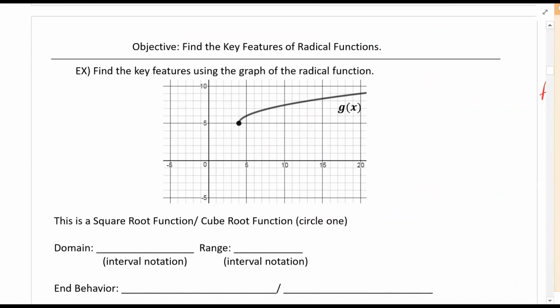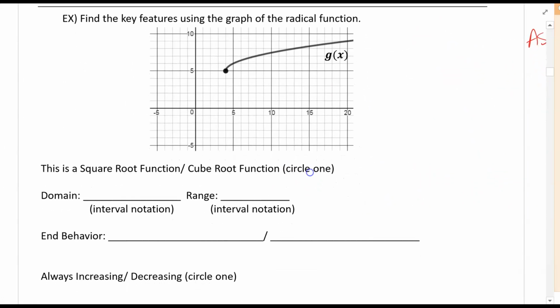So for this example, it says find the key features using the graph of the radical function. So first you need to determine if it's a square root or a cube root. What I'd like you guys to notice is there's an endpoint there, right? So if there's an endpoint, that means there's restrictions on the x-axis and the y-axis. There's restrictions on the domain and the range.